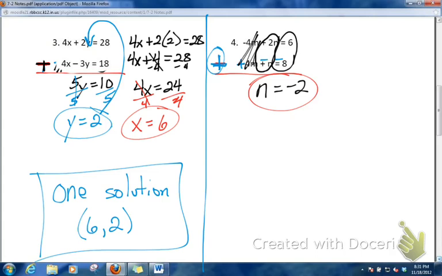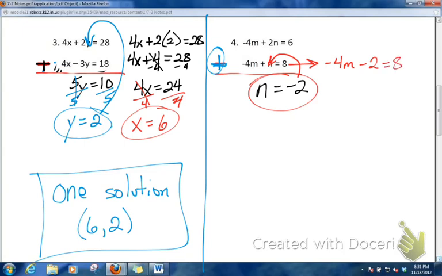So, we take this n equals negative 2, and we're going to plug it back into one of these original problems. Now, in this case, I'm going to plug it into the bottom equation, because that's just a single n in there, so it seems like this might be a little bit easier to do. I have negative 4m, and then instead of plus n, I have a minus 2 equals 8.